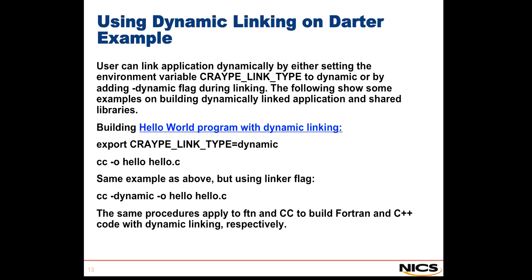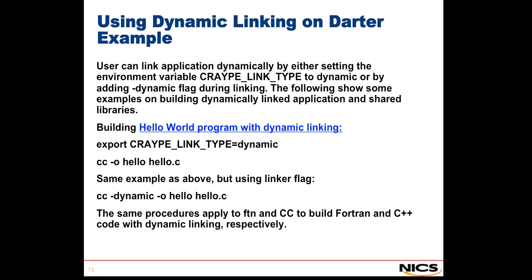The following shows some examples on building a dynamically linked application and shared library. If you follow the first approach, you can say export CRAYPE_LINK_TYPE equal to dynamic, and then you can execute your compile command.